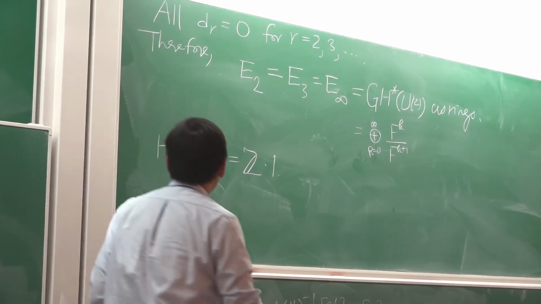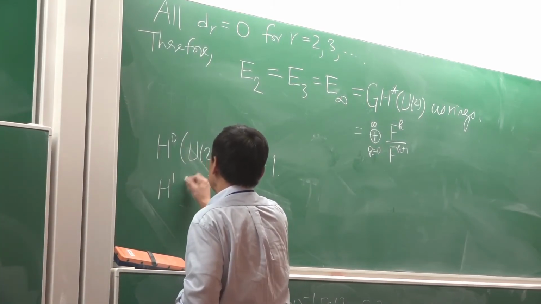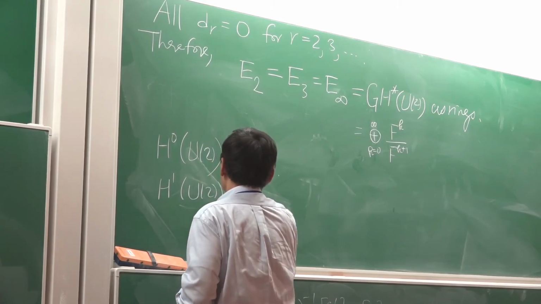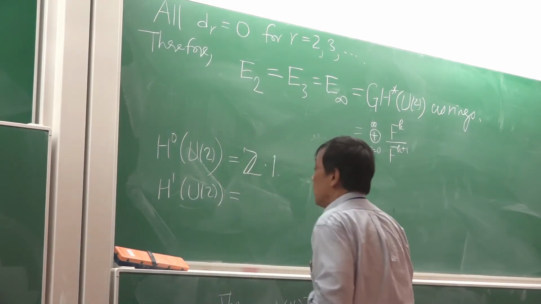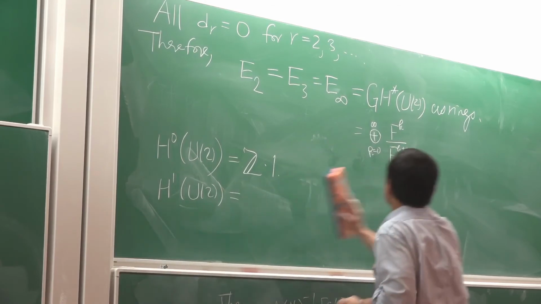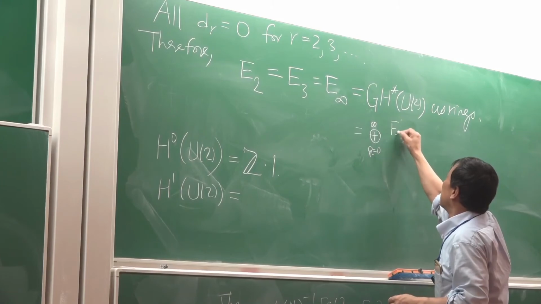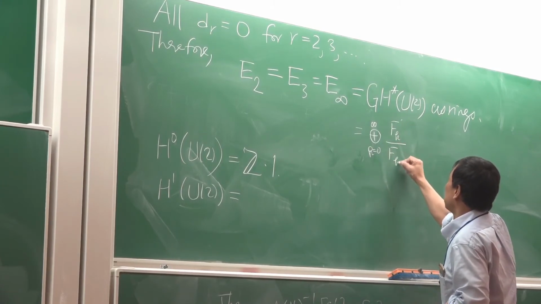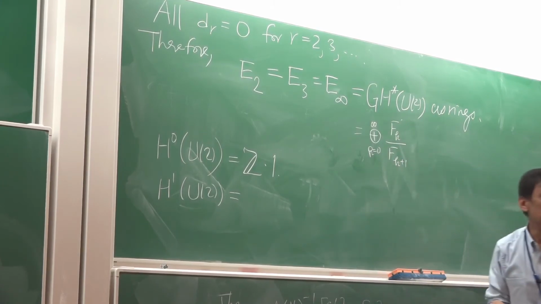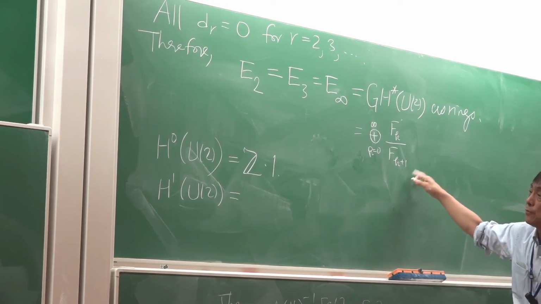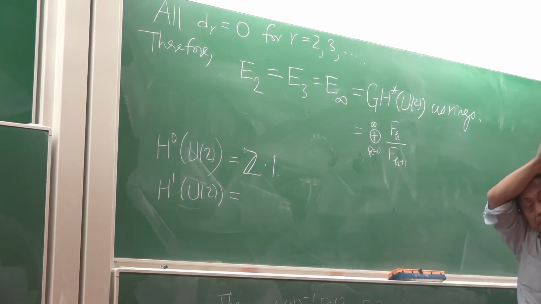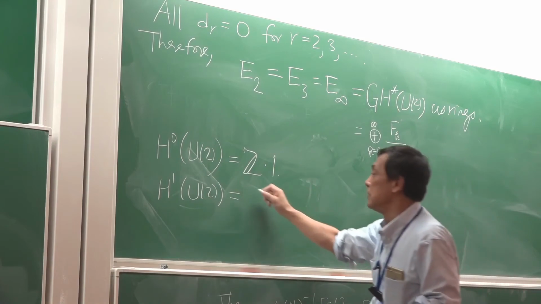And then H1 of U2. Oh, I'm sorry, my filtration, I think I should write it like this: F lower k of degree k plus 1. The filtration in cohomology induces a filtration in each degree.